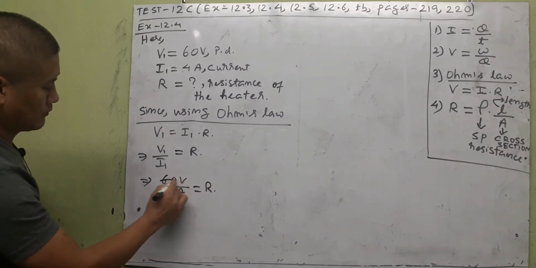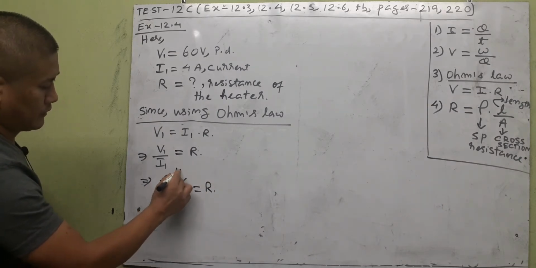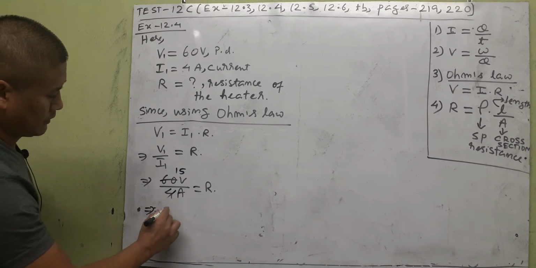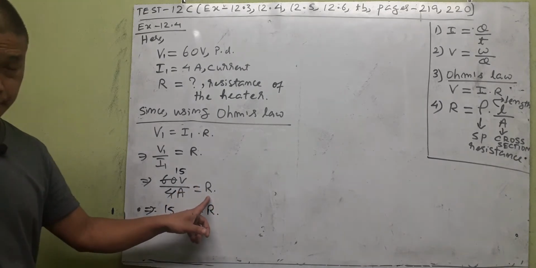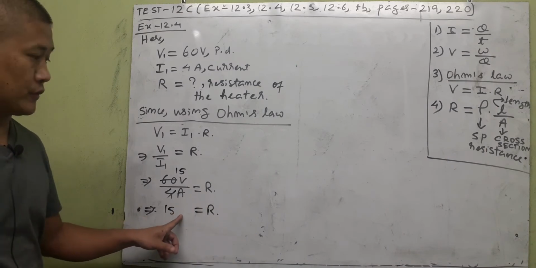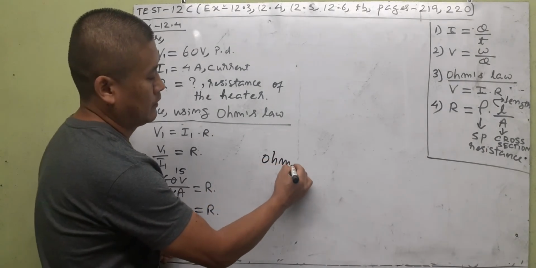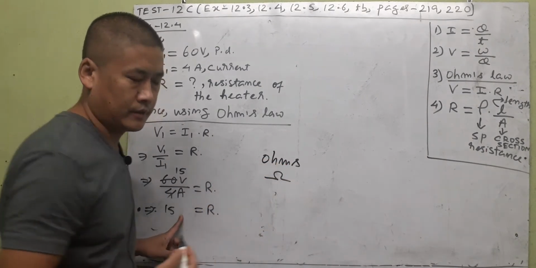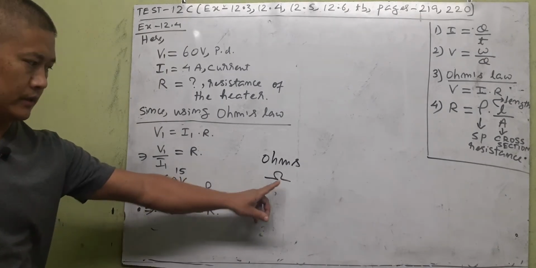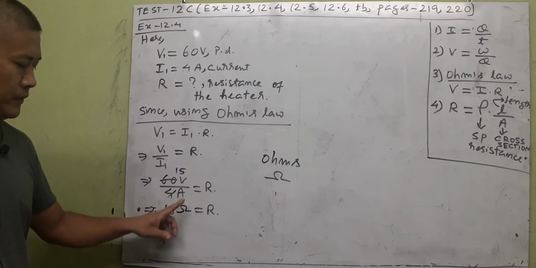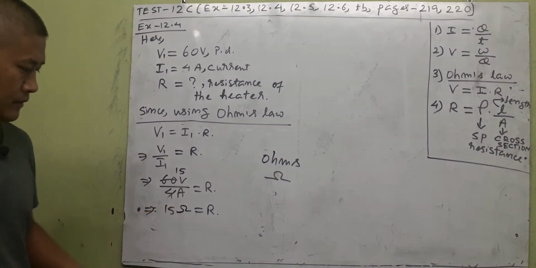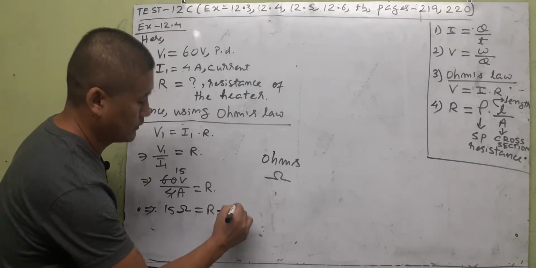So 4 ones are 4, 2 in hand, 4 5s are 20. So this will be 15, and we know the SI unit of resistance is ohms. We can write it like this, or in short, omega, the Greek letter. Volt by ampere is always ohms, the SI unit of resistance. So let's keep this one as equation number 1.